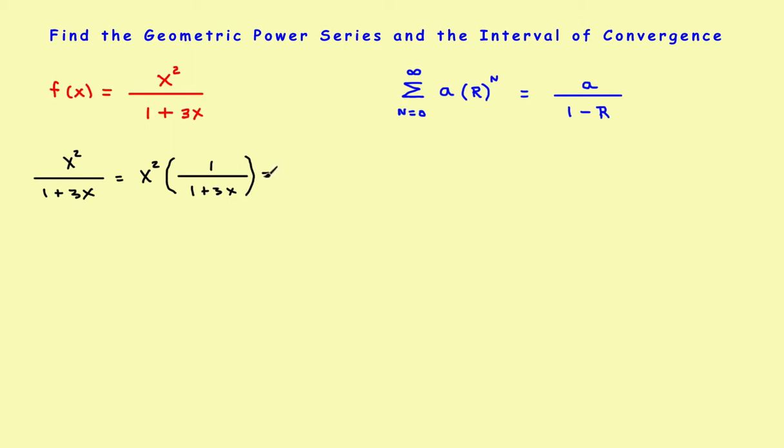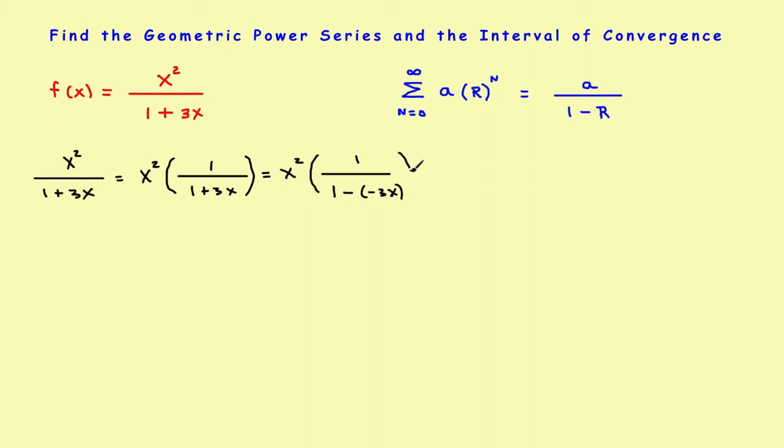Now, just like we've done in those previous videos, I'll write this as x squared, and then in parentheses, I've got a 1 in the numerator, and I'm going to do the same thing we've done before. I've got a 1 plus, but what I need is a 1 minus. So I've got to change this plus to a minus, and the way you do that is to make it minus a minus 3x. Now it's in the right form.